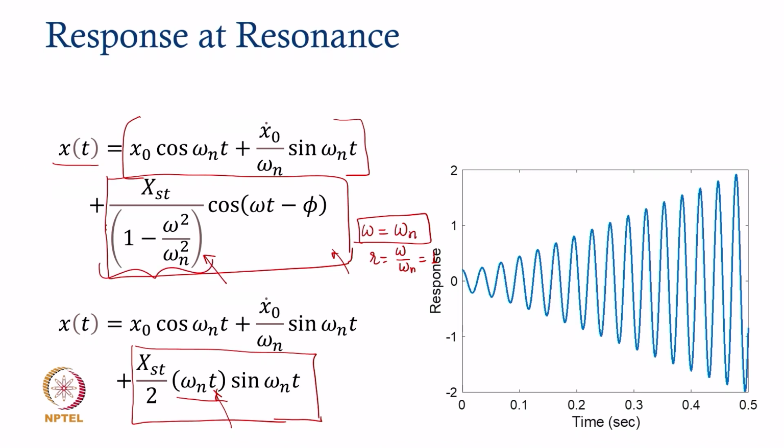So, damping is neglected here. In reality the denominator is going to be 1 minus omega over omega n squared, plus a damping related term. That will not let the amplitude be theoretically infinite; it will be finite. Of course, the amplitude will still be much larger.